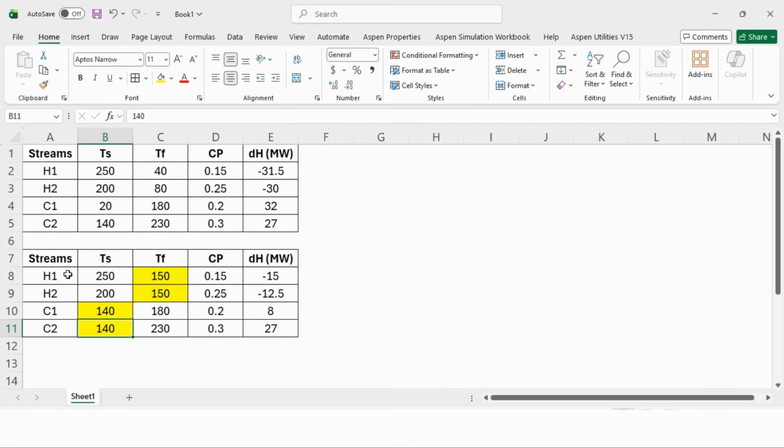These two streams, H1, H2, these will be partially above pinch from 250 to 150 degrees centigrade and from 150 to 40 degrees centigrade below pinch. This one 200 to 150 above pinch and 150 to 80 below pinch. C1 20 to 140 below pinch while 140 to 180 above pinch.